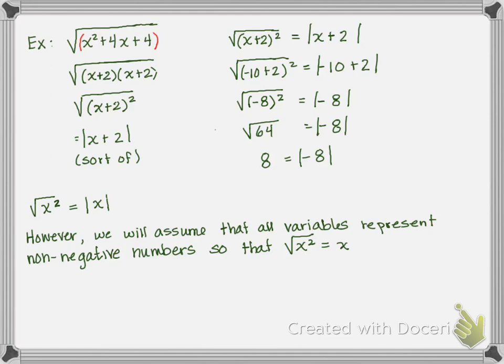So we make this assumption only so that we can get comfortable working with radicals without having to worry about the absolute value every single time we simplify a radical expression.